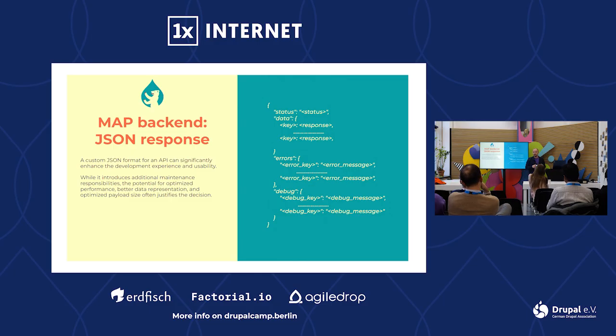It's 1 or 0, depending on whether the request is okay or not. If the request is processed okay, in data we have the response. If there are some errors, we have errors. Debug is mostly for developers. We can enable or disable this element. It's simple, clear. I like this.